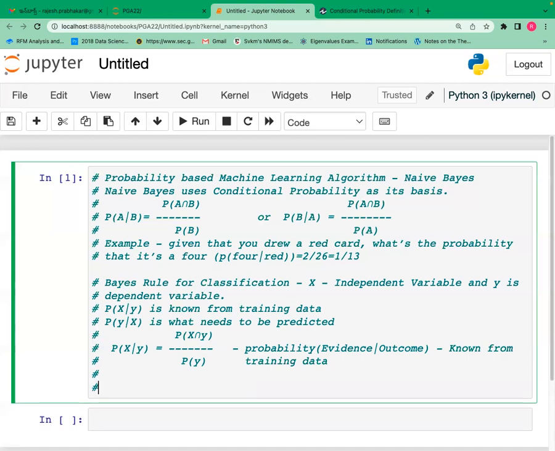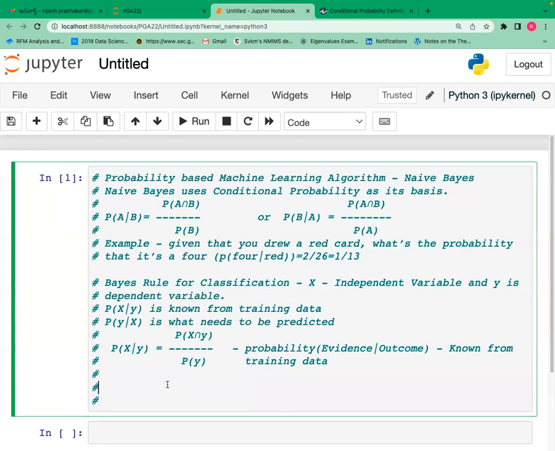So based on this, what will be the formula for probability of Y given X?